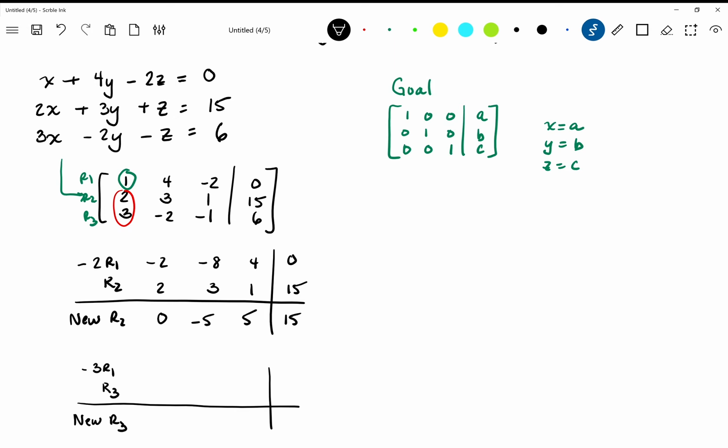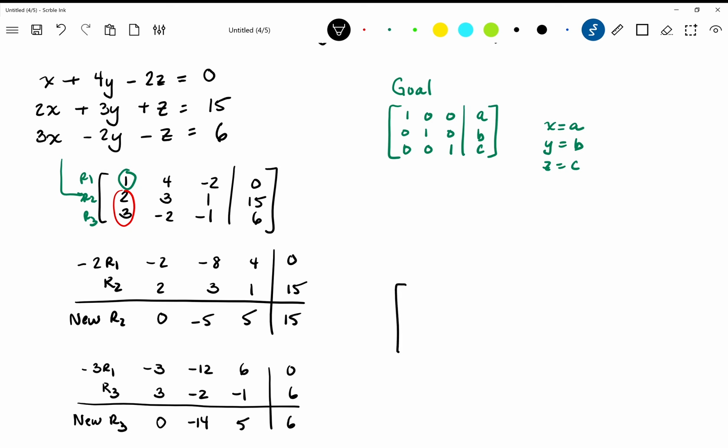I want an equation there that has a 0 in the first spot. So -3 R1 is -3, -12, +6, and 0 again. R3 originally was 3, -2, -1, 6. And when I add those together, I get 0, -14, 5, and 6.